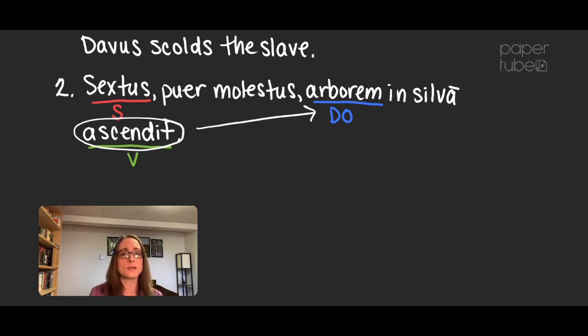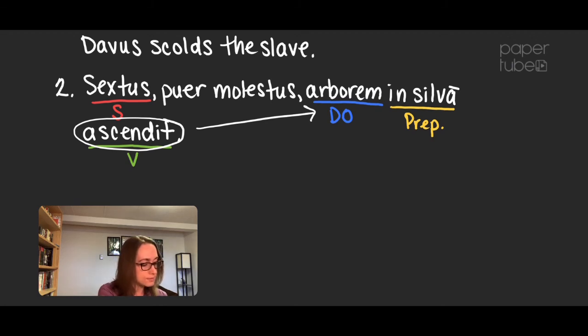All the nouns and adjectives that go with my preposition are in my prepositional phrase. Well, ascendit's definitely not in that phrase because it's a verb. It's not a noun or an adjective, and it's already labeled. So that means in sua is my prepositional phrase, and I'm just going to write prep. And now my sentence is all labeled.